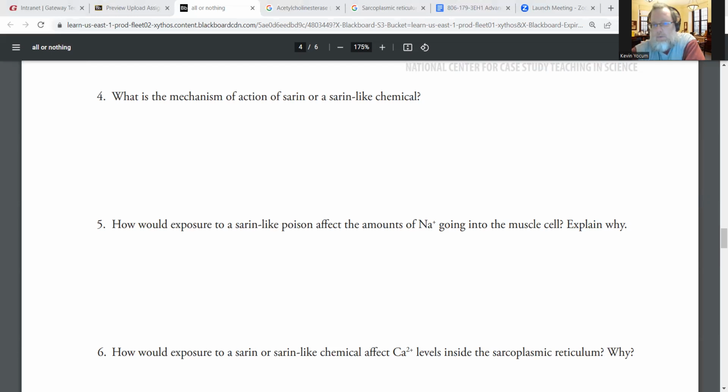Sarin or anything with the same mechanism of action, remember, inhibits acetylcholinesterase at the neuromuscular junction, or the NMJ. If I have a decrease in acetylcholinesterase, there's prolonged exposure of acetylcholine at the muscle cell. And those receptor sites on the muscle fiber for acetylcholine are going to be extremely full.